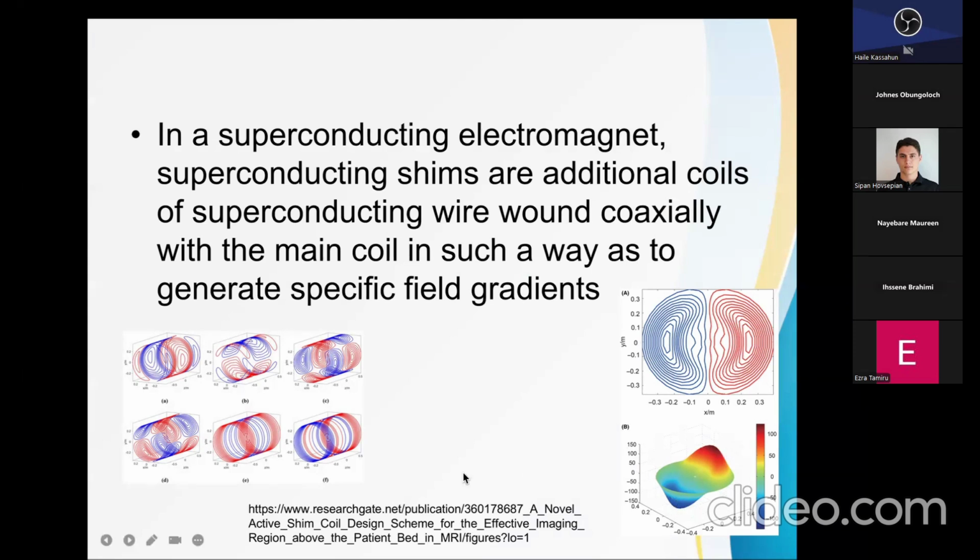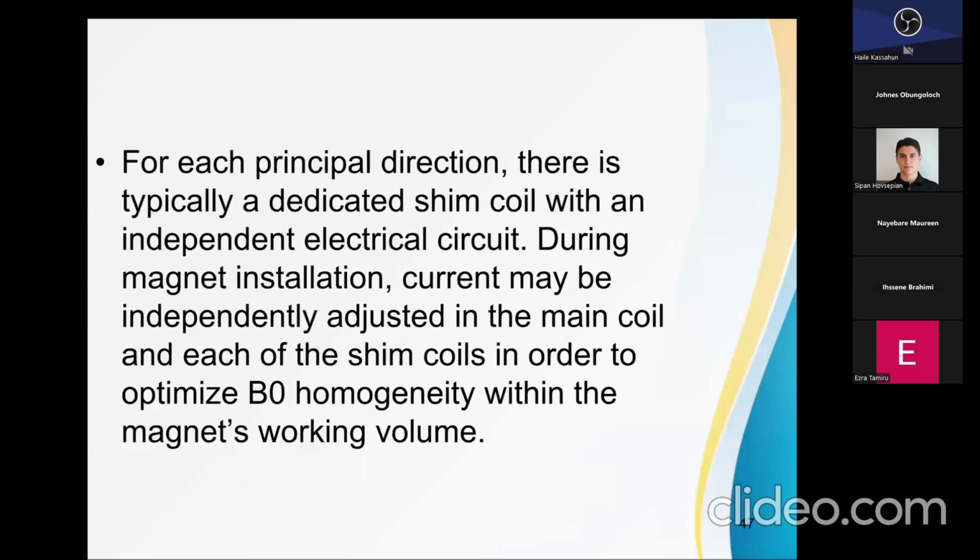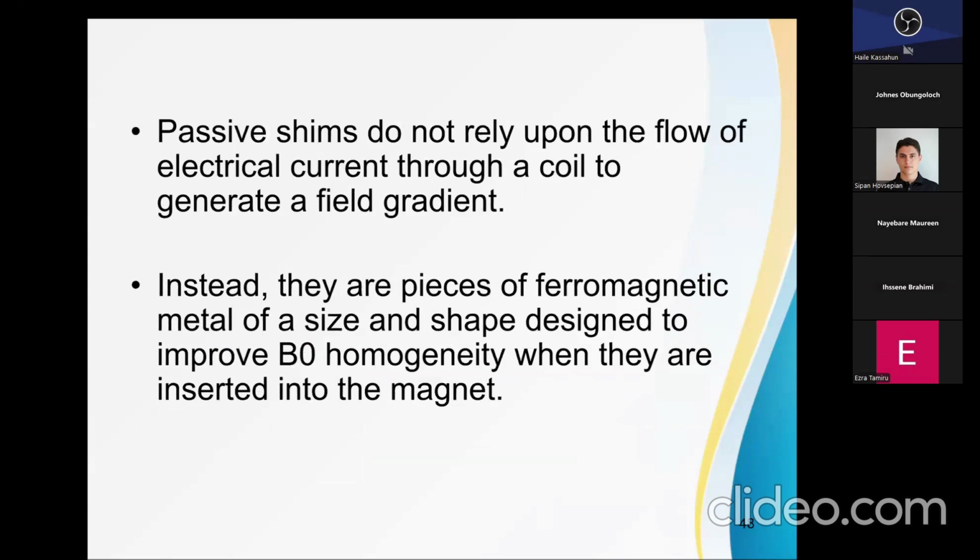If you insert this into the bore of the system, regions that have low magnetic field you can add on to, and regions that have too much magnetic field you can subtract from, so that you have a relatively uniform magnetic field within your working volume.